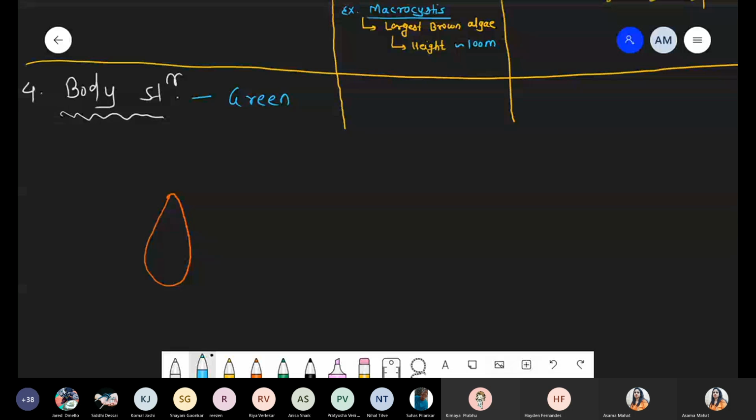Inside the Chlamydomonas, basically, this is the chloroplast, this typical structure. Near the chloroplast, there is the presence of the nucleus.